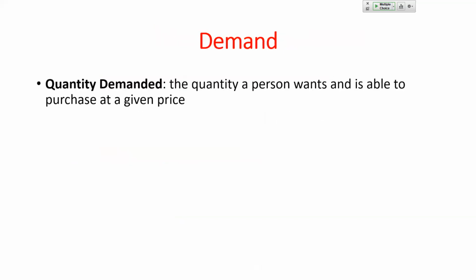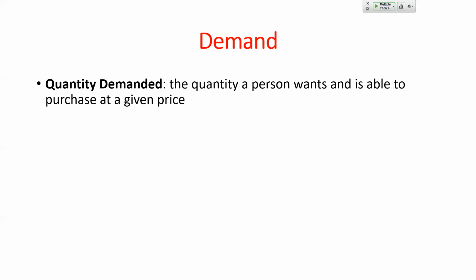So we're going to be perfectly competitive, and the first thing we're going to talk about is demand, right? The quantity demanded of a good is the amount that someone or the economy as a whole would purchase at a specific price, right? So if the price of gas is $3, the quantity that you might demand is 25 gallons.